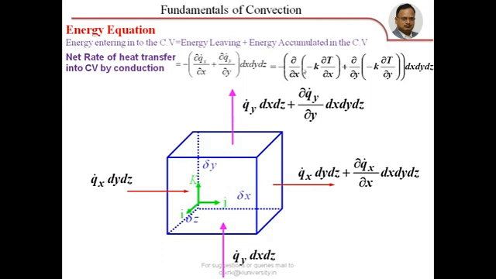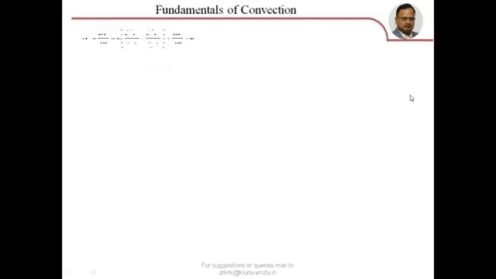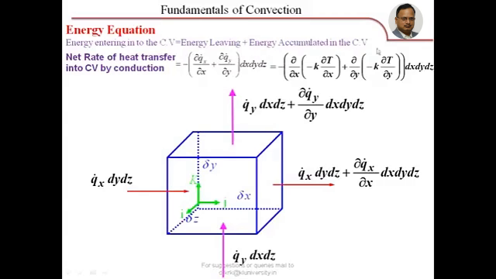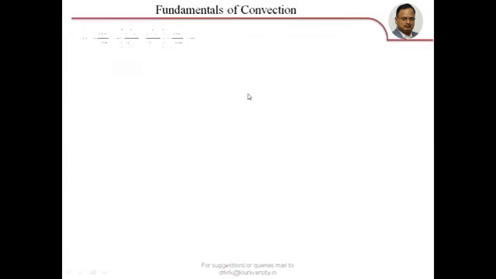This can be written as ∂/∂x of (minus k ∂T/∂x) plus ∂/∂y of (minus k ∂T/∂y) into dx dy dz. That becomes k ∂²T/∂x² plus k ∂²T/∂y², and on the right hand side, the energy accumulated in the control volume, m cp dT, that is rho dx dy dz cp dT/dt, where it is a total derivative, and the dx dy dz gets cancelled.